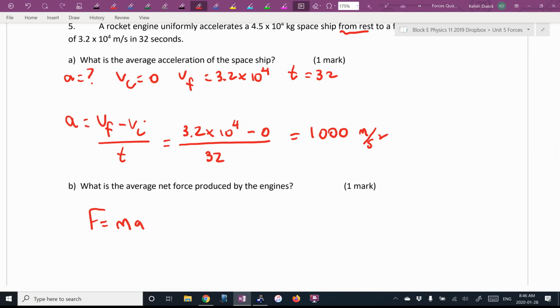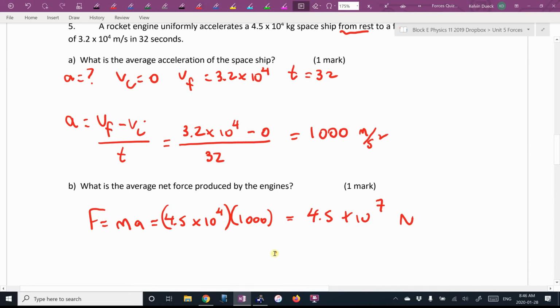So what was the mass? 4.5. 4.5 times 10 to the 4th times 1,000, which is going to be 4.5 times 10 to the 7th newtons, or a 4, a 5, and 6 zeros if you wrote it out the long way. I just added the 3 zeros to the exponent. It's got to be 10 to the 7th. Yes, I think. Hope I haven't made a silly mistake.